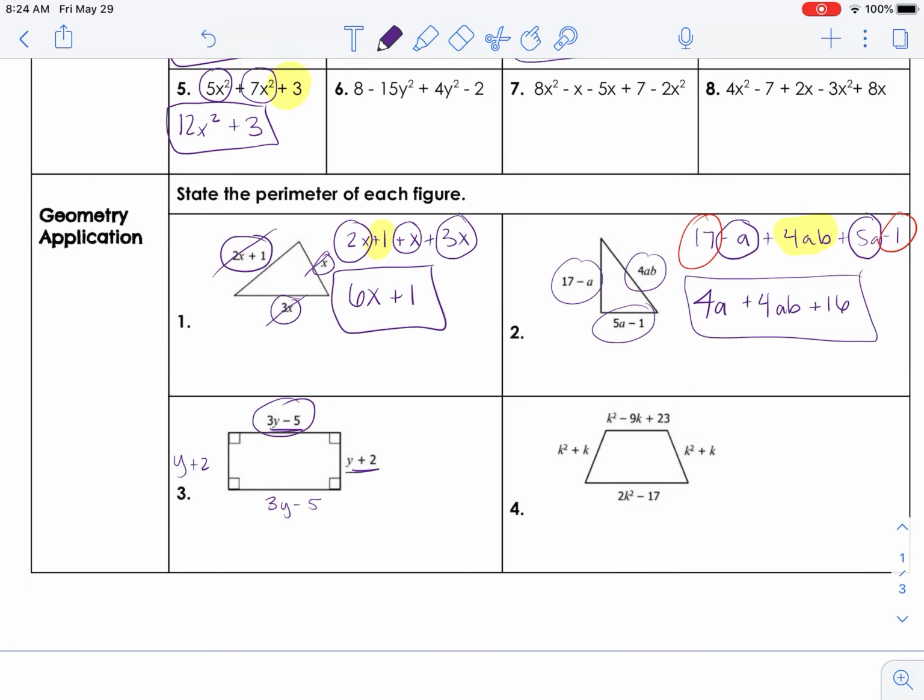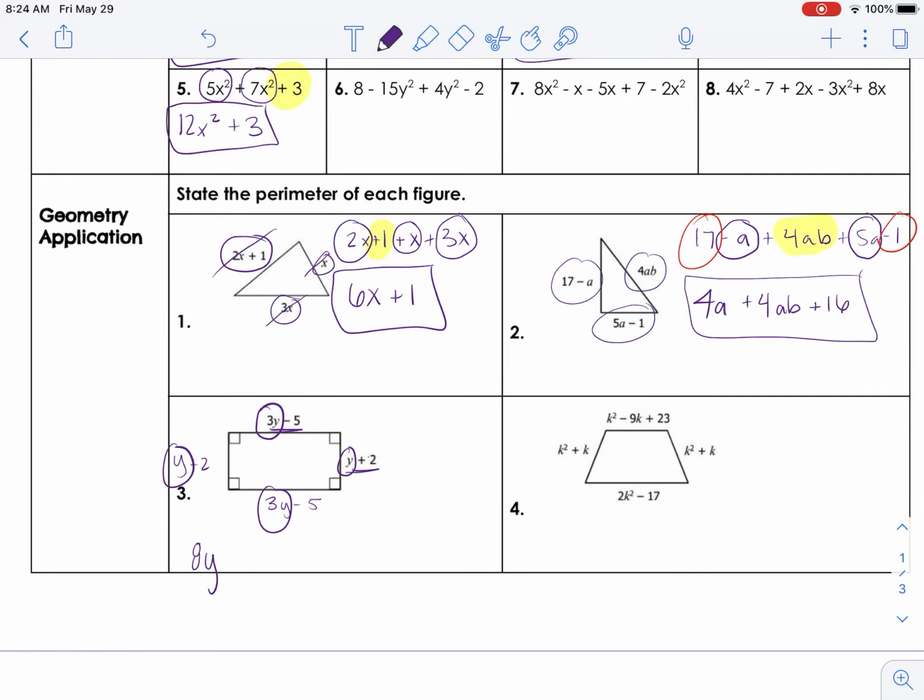I like to write it all out and then simplify, but you can also look within your diagram. So I can say, oh, I have a 3y, a 3y, a y, and a y. So let's combine those like terms. So I've got 3y, 6y, 7y, 8y. So you can count your y's. You can also do the same thing with constants.